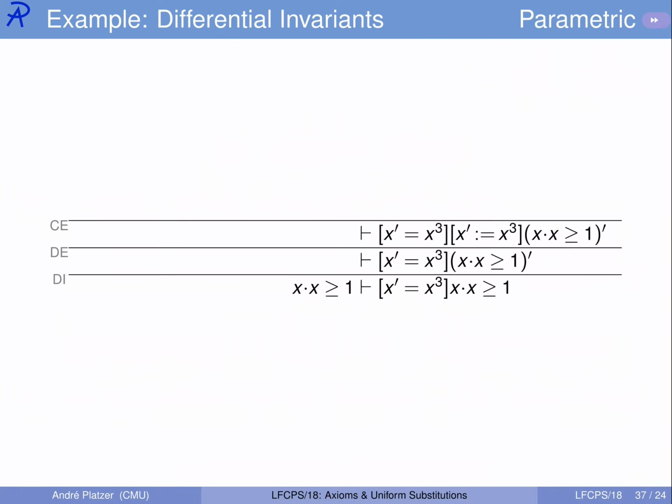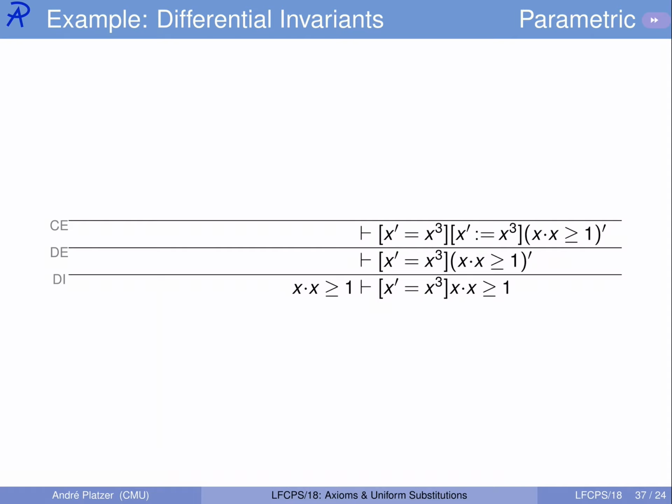But the one thing that was a bit annoying is, as we're conducting the proof at this moment, when we try to form the differential of something, we kind of have to guess the answer and then continue the proof. We can do better than that, because we can exploit uniform substitution also for other styles to go parametric. We can say we don't know what the differential of this exactly will be, but of x times x it will be something that mentions x and x prime.